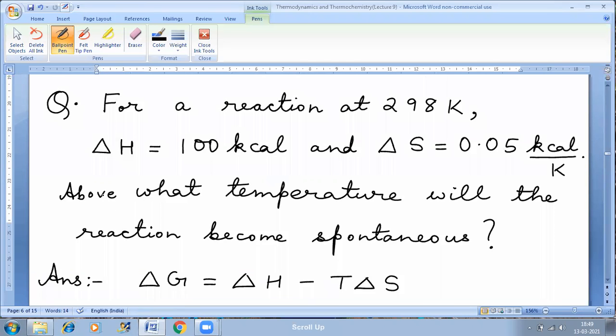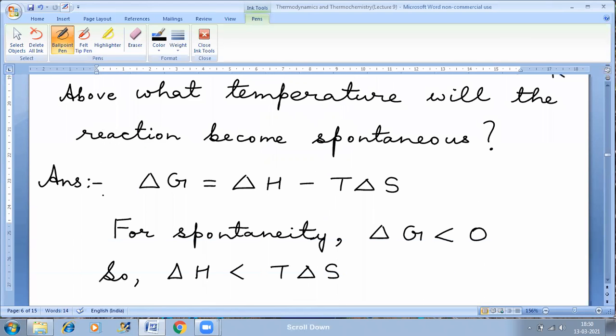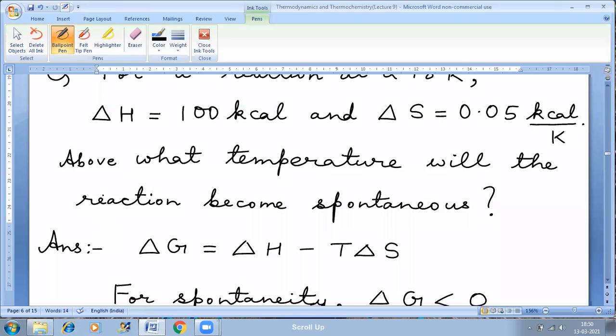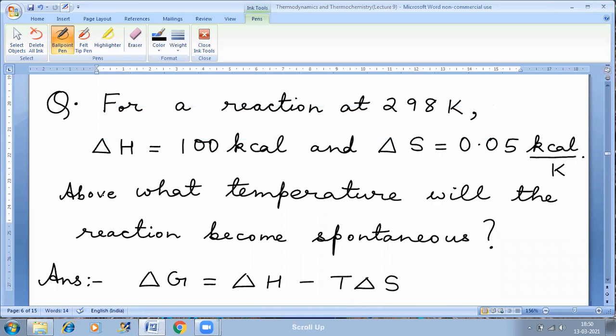Now they are asking above what temperature will the reaction become spontaneous? For spontaneity, we know that delta G should be negative. Negative means less than 0. So I can say that if delta G is less than 0, delta H should be less than T delta S. Delta H is given as 100.